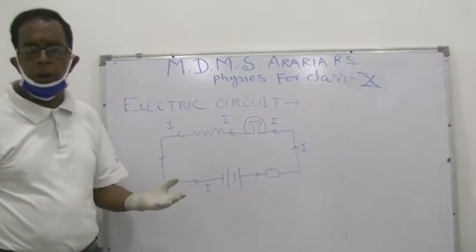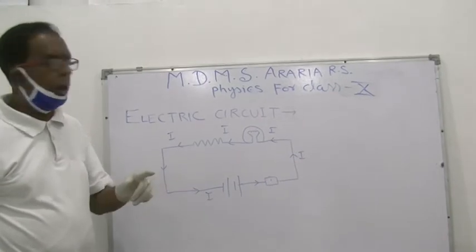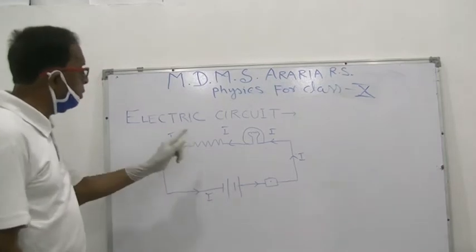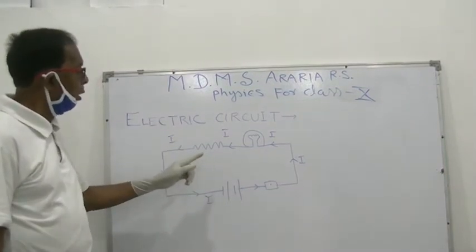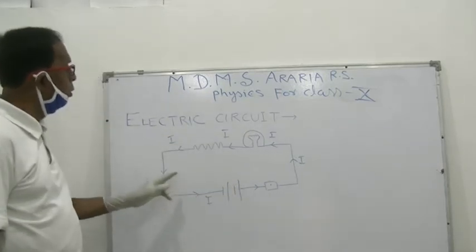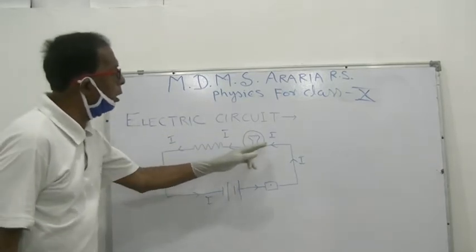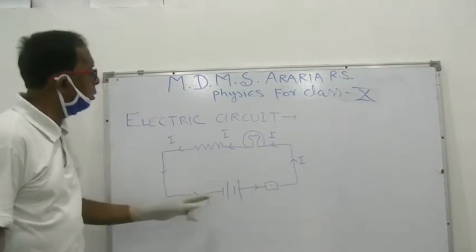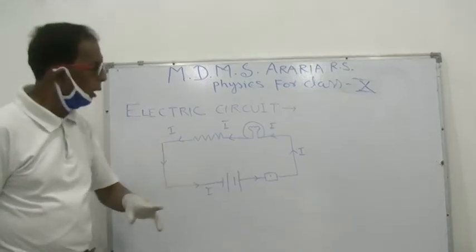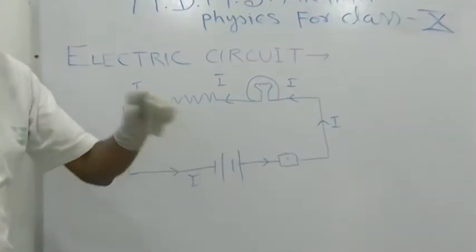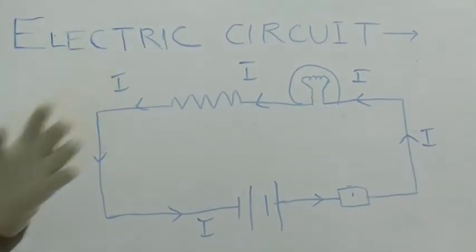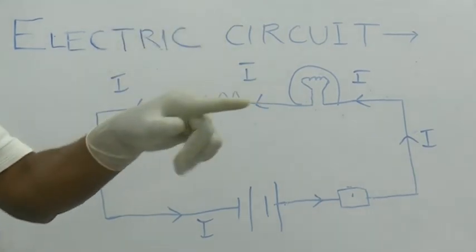The definition is, an electric circuit is a closed path through which electric current flows from one end to another end through different electrical components. Again, electric circuit is a closed path. There is no leakage, there is no breakage in the circuit.